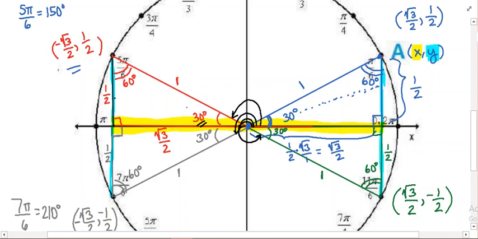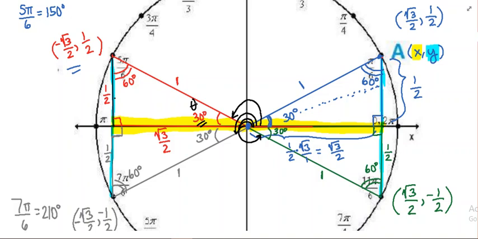So this 30-degree angle, we call that a reference angle. I'm going to put a theta on it. This is going to be our reference angle. This is not 150 degrees itself, but we're using that 30-degree reference angle, and that's what we use to draw our triangle so that we can get the coordinates for 5 pi over 6, or 150 degrees.